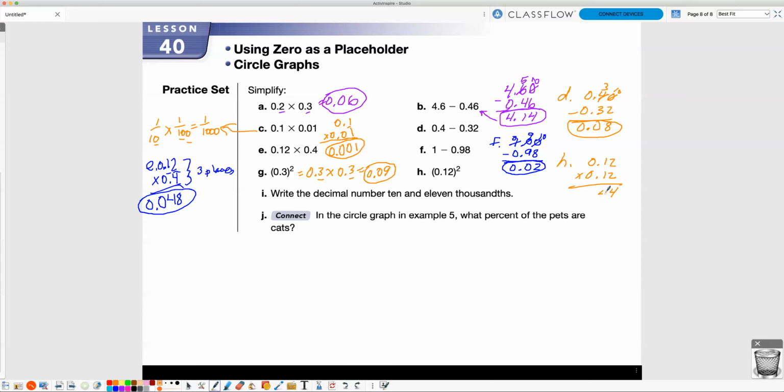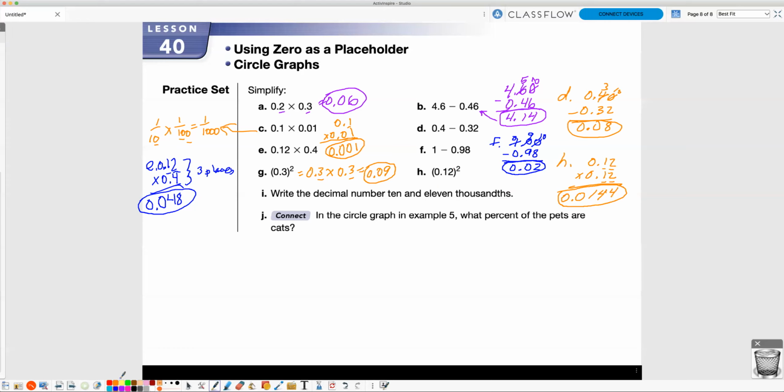There's those 4s that the digital pen just does not like. And then I need to count 1, 2, 3, 4. That means I need to go over 4 places to the left from here. 1, 2, 3, 4. Decimal goes in this position, 0 right there. This would be 144 ten-thousandths for letter H.